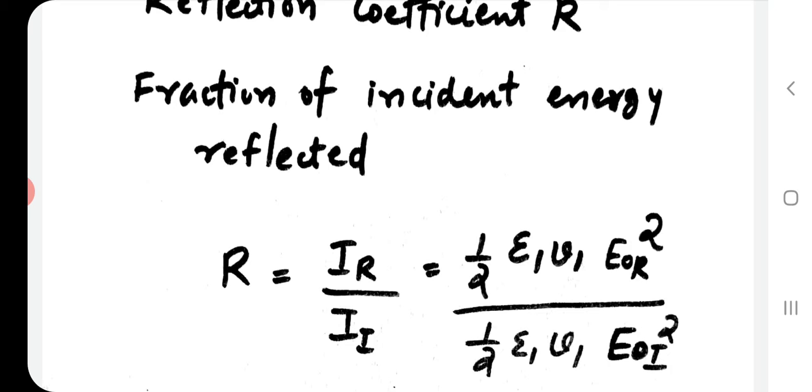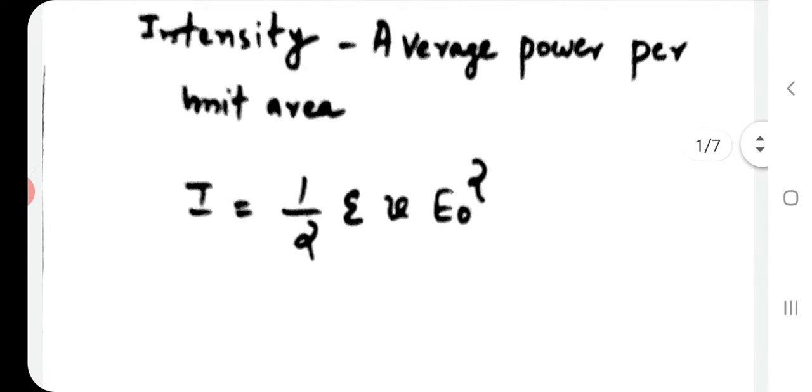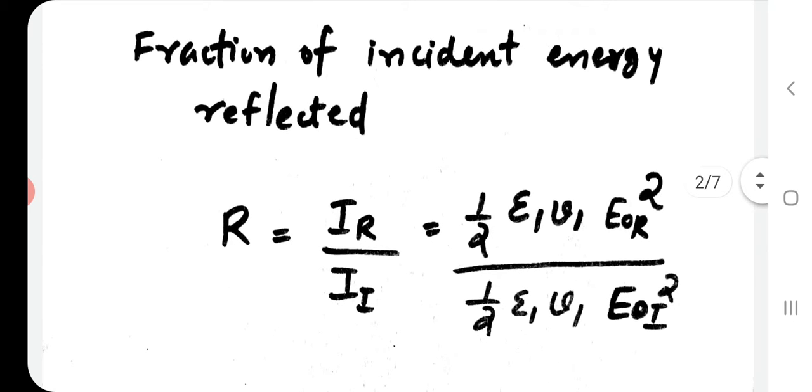So that is equal to, by the previous equation, half epsilon v E0 square. We have half epsilon 1 V1 E0R square. Epsilon 1 is the permittivity of medium 1, V1 is the velocity of the electromagnetic wave in medium 1, and E0R is the amplitude of the reflected electromagnetic wave.